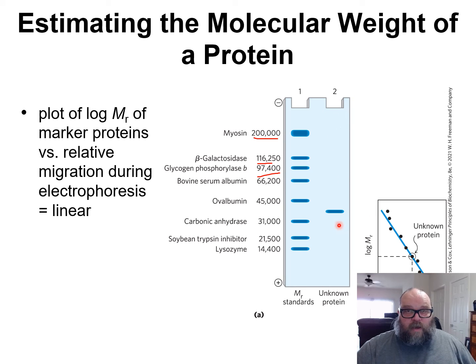This unknown will travel its distance in that same given amount of time. Well, just as you did with the ladder, you're going to measure the distance. Boom. Distance moved on the Y over to the X, our best fit line, and then down will tell you the overall size of this protein.